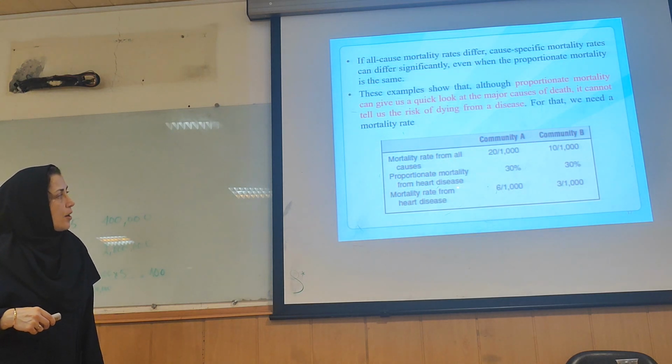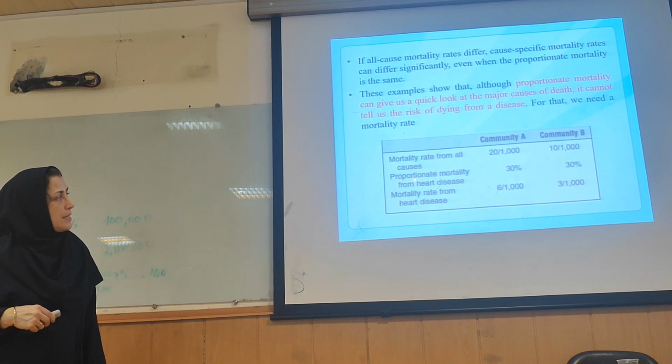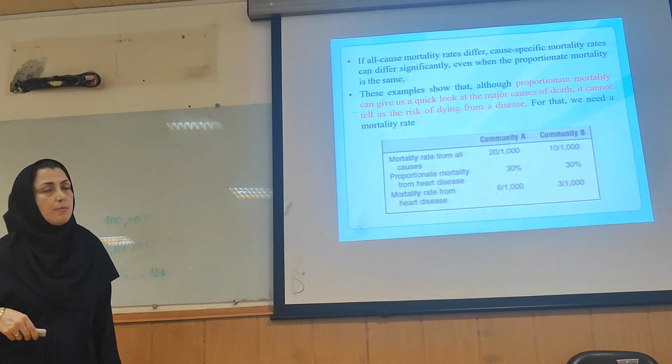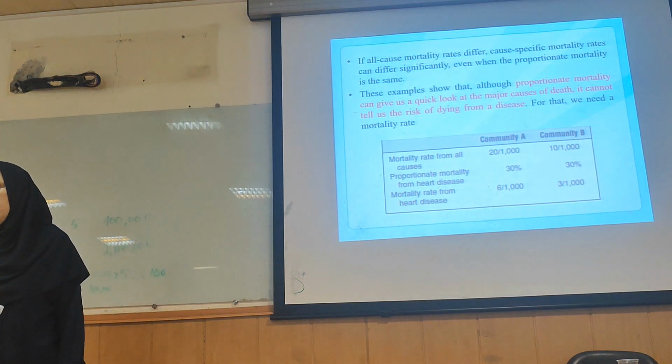Proportionate mortality from heart disease is 30%, and in this community is 30% as well. But mortality rate from heart disease, I mean cause-specific mortality rate, is 6 in this community because of multiplication of these two, and 3 in this community. Okay? It means that although proportionate mortality from heart disease is the same, the cause-specific mortality rate is different.